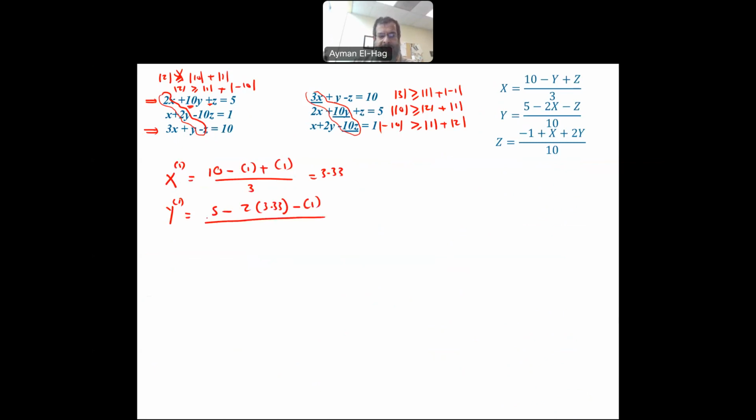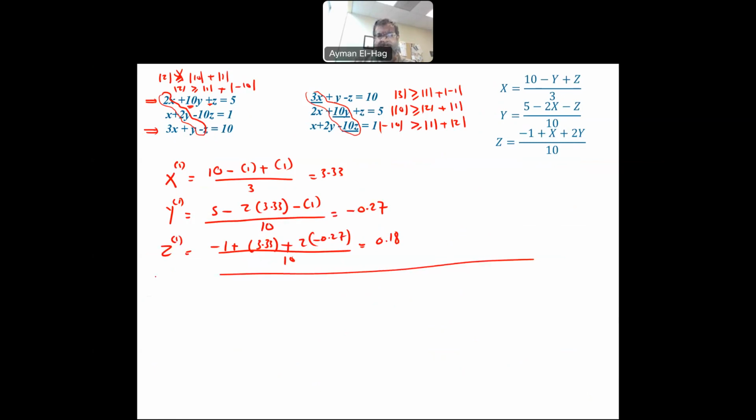We have only one solution to z so far, divided by 10, and this will give me minus 0.27. Finally, your z is equal to minus 1 plus x, which is 3.33, plus 2y, which is 2 times minus 0.27, divided by 10, and this will give me an answer of 0.18. So that is my first iteration.